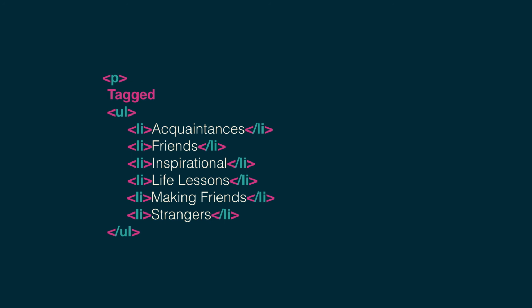What could possibly give this collection of items more meaning, in the agreed upon set of tags that we've come up with for a lot of things? Unordered lists.